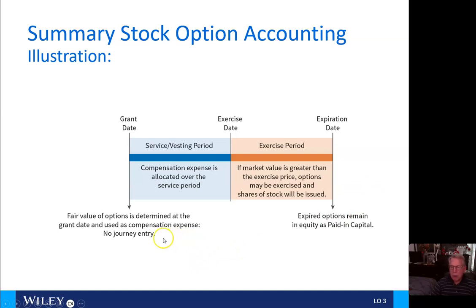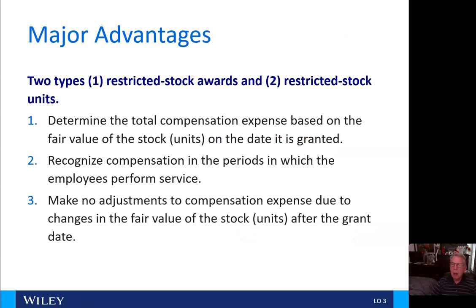So the fair value of options is determined at the grant date and used as compensation expense, and no journal entry is required. But if we have expired options that remain in equity as paid in capital, we'll move those into a separate account.